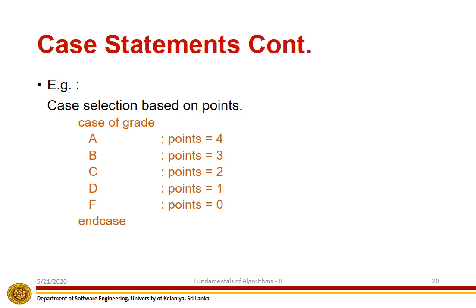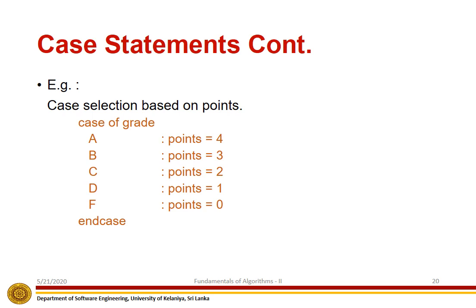Here is a simple example for case statements. We have to give the grades according to the points. So we begin with the keyword case of, then the expression is grade. A: points equal 4, B: points equal 3, C: points equal 2, D: points equal 1 and F: points equal 0. You can see we write the first condition, colon, the statement to be given if the condition is true.